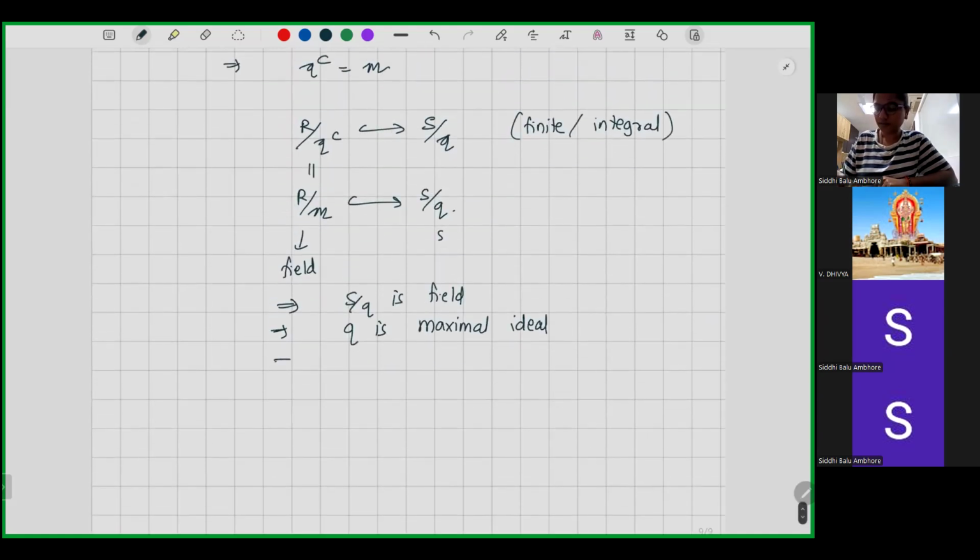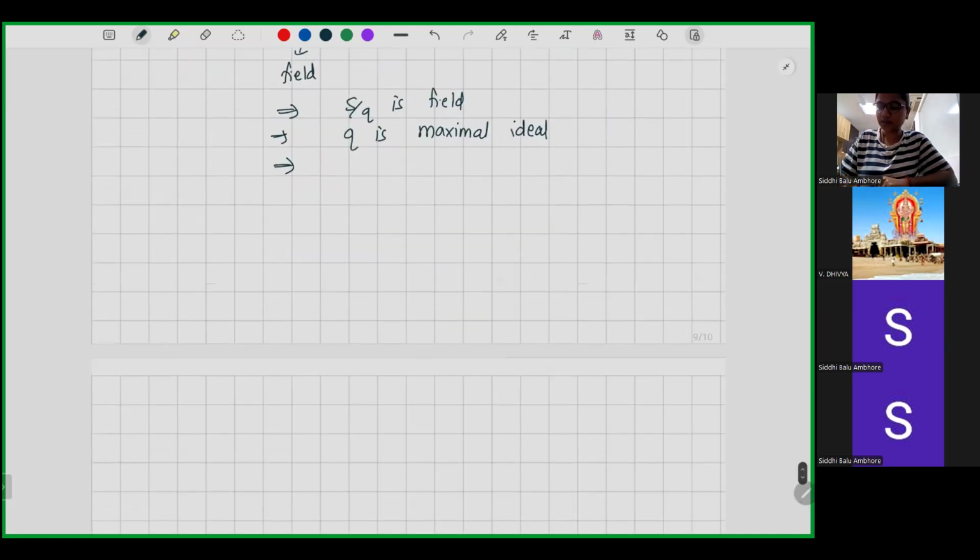But S is a local ring, so this implies Q belongs to Max Spec S, which is only this ideal N. This implies Q is N.